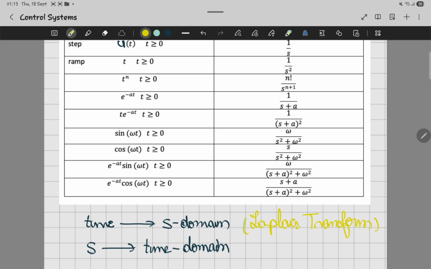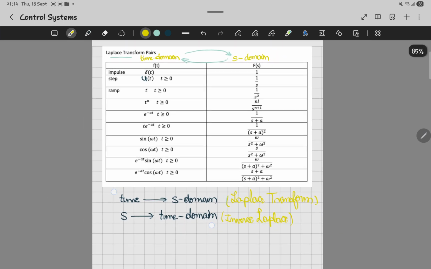And then the other one, from S to time domain, we call it inverse Laplace. Okay, so we'll be doing this.